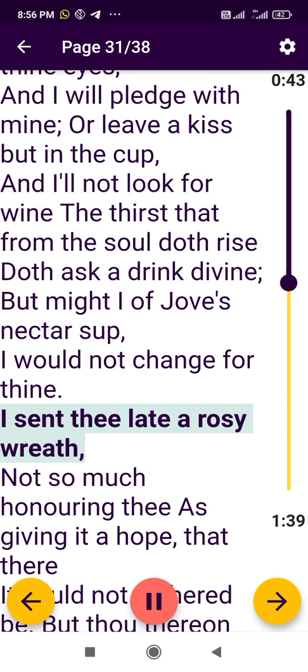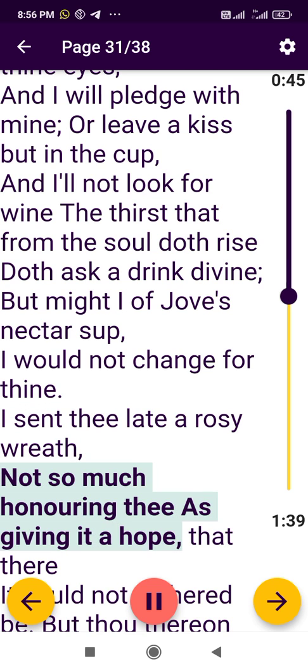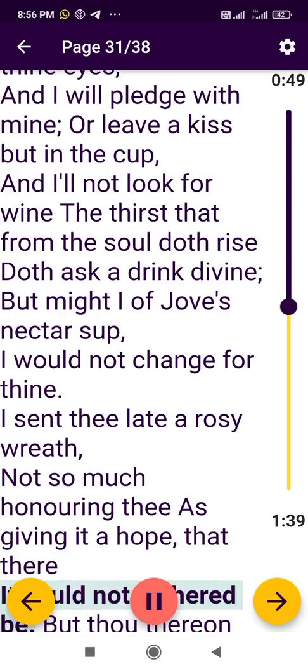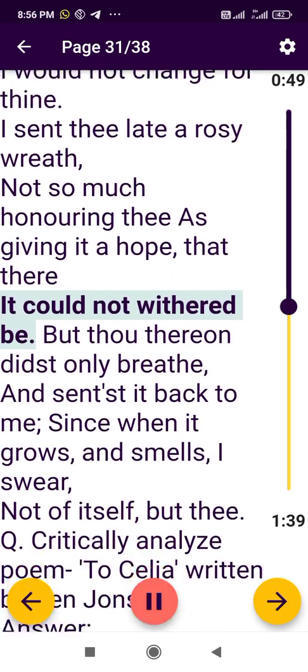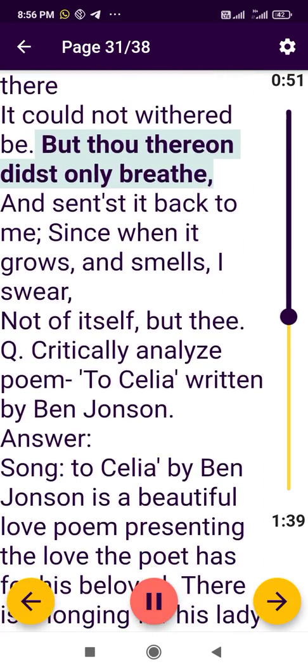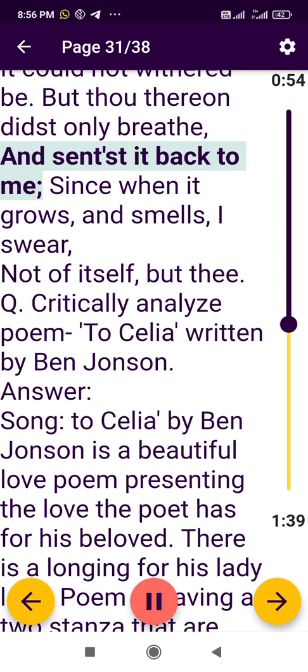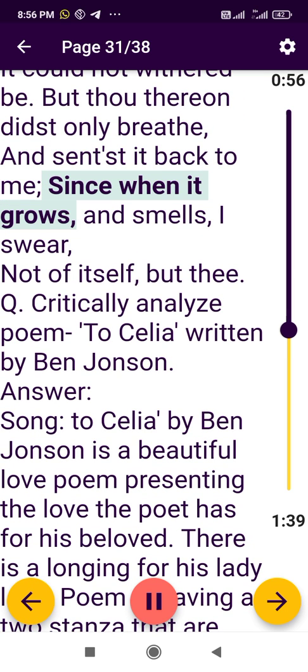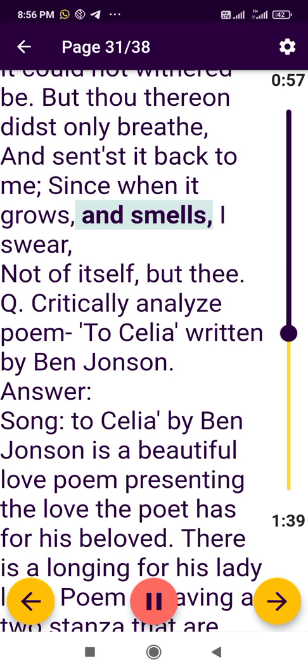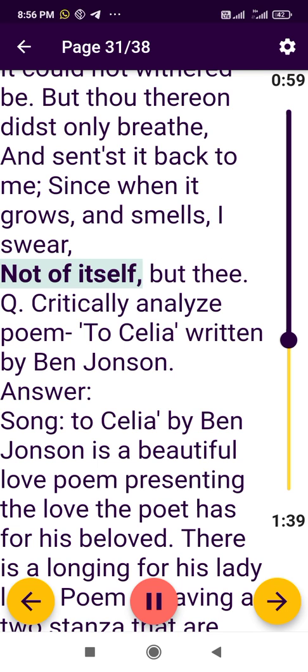I sent thee late a rosy wreath, not so much honouring thee as giving it a hope that there it could not withered be. But thou thereon didst only breathe, and sent'st it back to me, since when it grows and smells, I swear, not of itself, but thee.